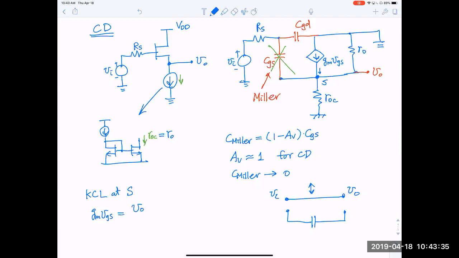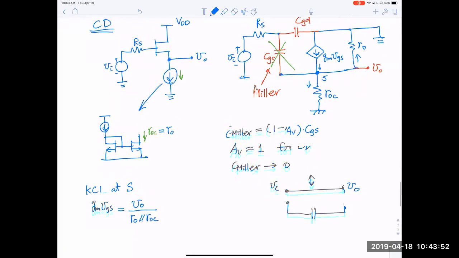That's VO. There are two paths in parallel. One goes through ROC, the other path goes through RO, both connected to ground. So I'll connect them together here. This is RO in parallel with ROC.